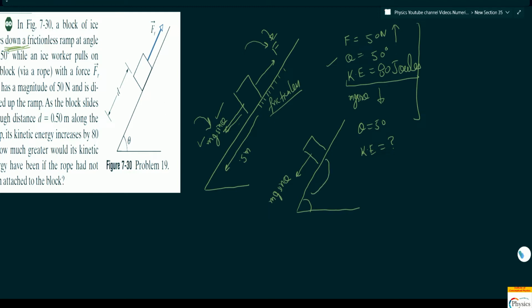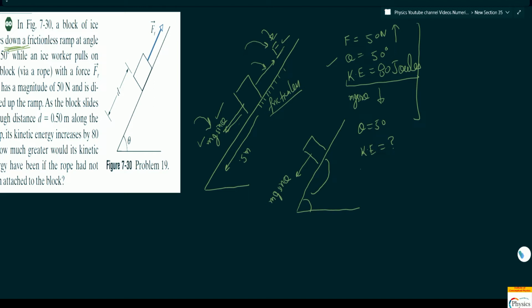That's what is required to be calculated. In the absence of this force, there is no rope connected. It's very important to understand the second situation. It goes on its own through the gravitational force, and therefore the gain in kinetic energy is different when it moves through a 0.5 meter distance, as compared to a situation where there is an opposing force. So kinetic energy has to be calculated.